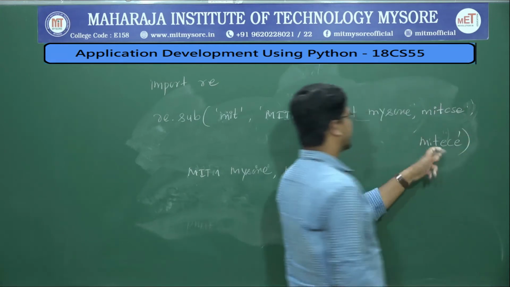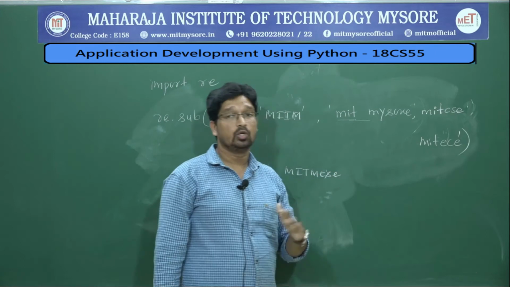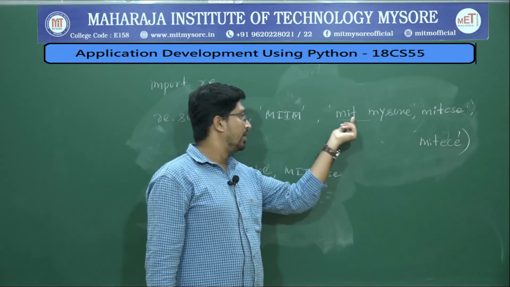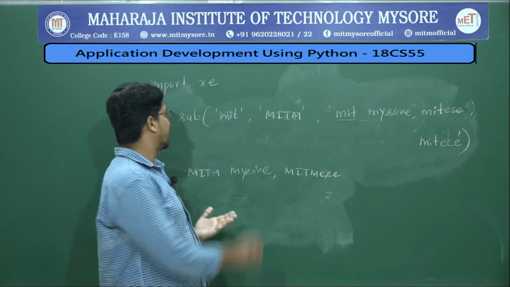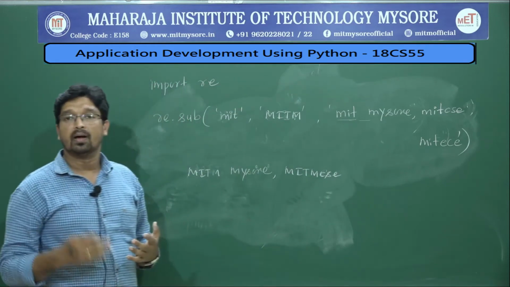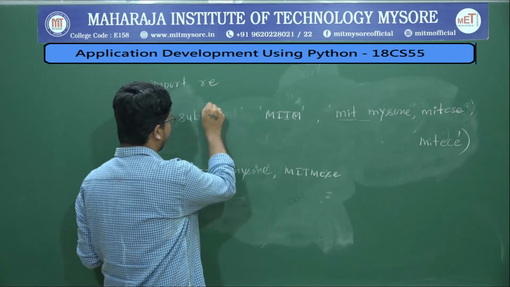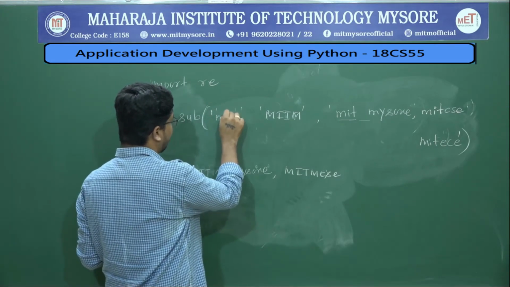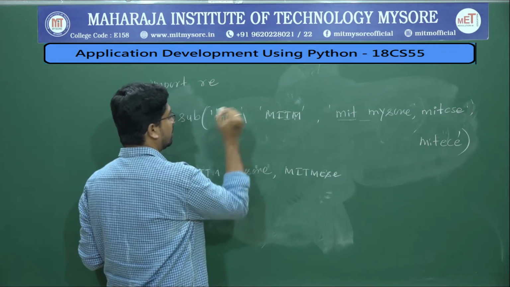Even this particular word also gets replaced, because there is a MIT word, but you don't want that. You want only the individual word called MIT to get replaced. For that you need to write one more pattern. What is that pattern? You should have MIT, then a space, followed by what?